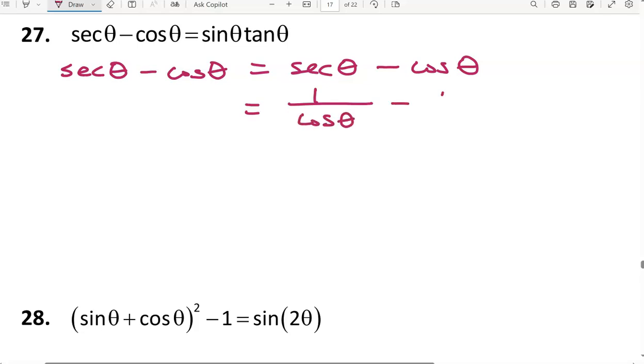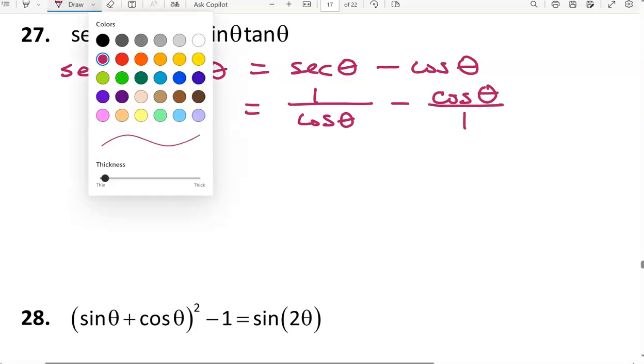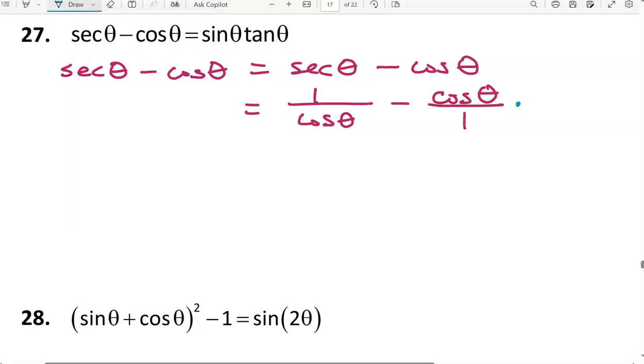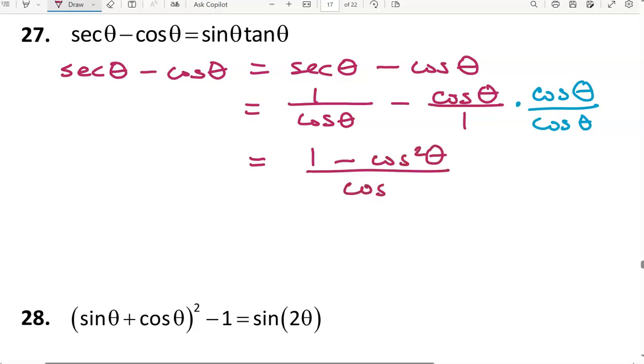And then we're going to subtract the cosine of theta, which I'm going to write over 1. And then let's use a clever form of 1 to give ourselves a common denominator. And that will give us 1 minus the cosine squared of theta divided by the cosine of theta. Right, because now we have a common denominator of cosine theta, and we can just subtract the numerators.